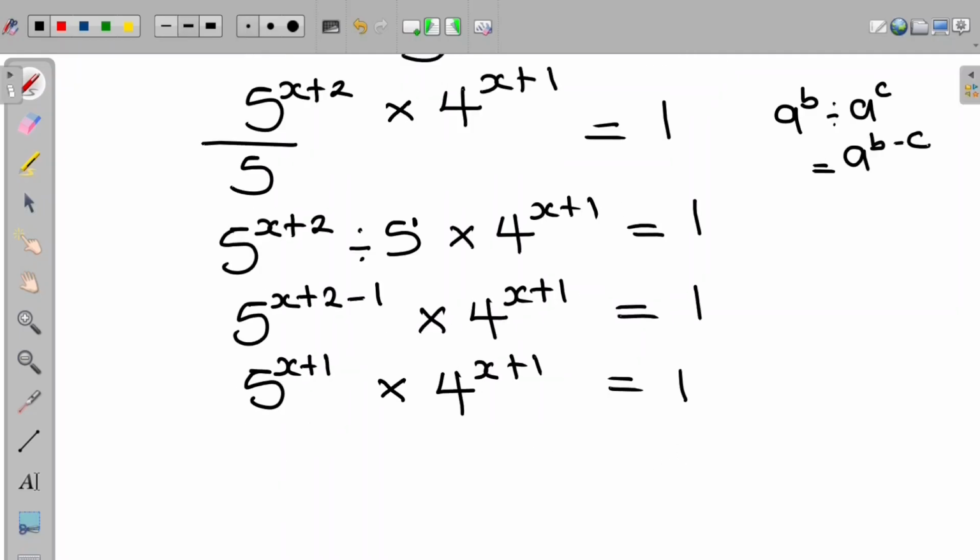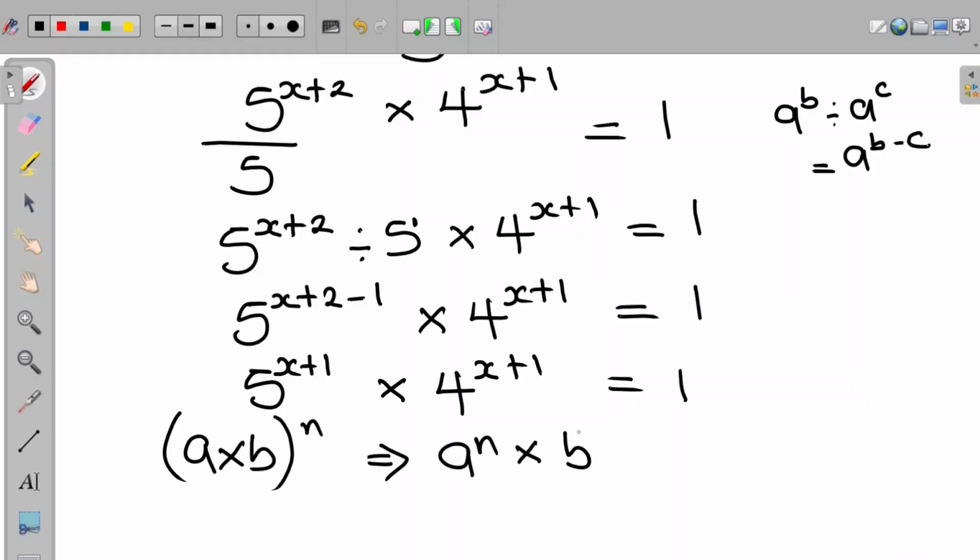Now, at the left-hand side, we have different bases but the same power. Recall that in indices, if I have a multiplied by b, all raised to the power of n, this can also be expressed as a raised to the power of n multiplied by b raised to the power of n. This is known as the product power law.